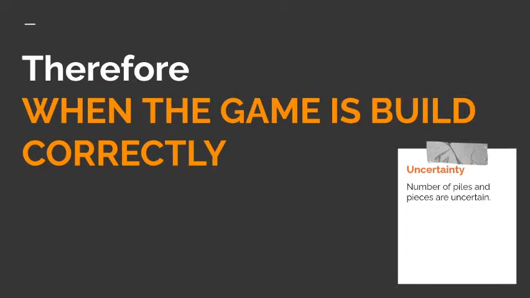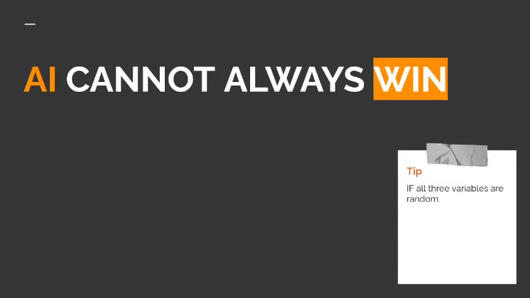So therefore, if the game is built correctly, AI cannot always win. That is because all three variables are random, and because they are random, there cannot be a fixed winning player at all times.